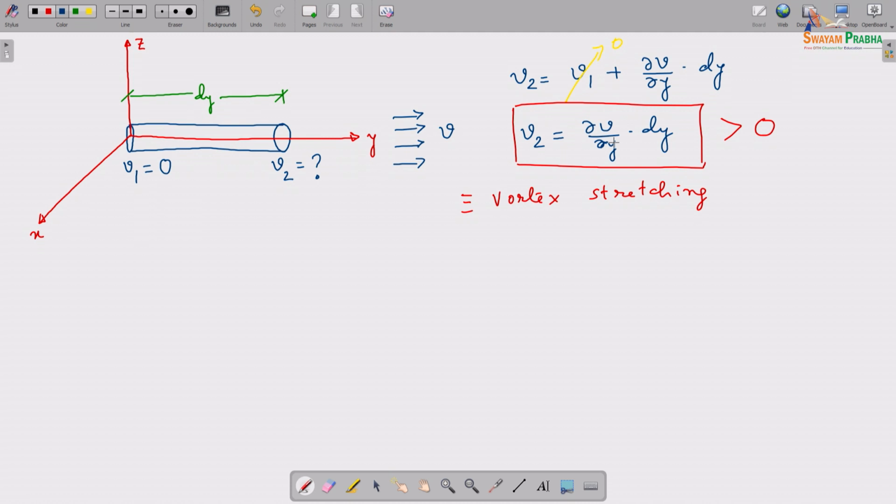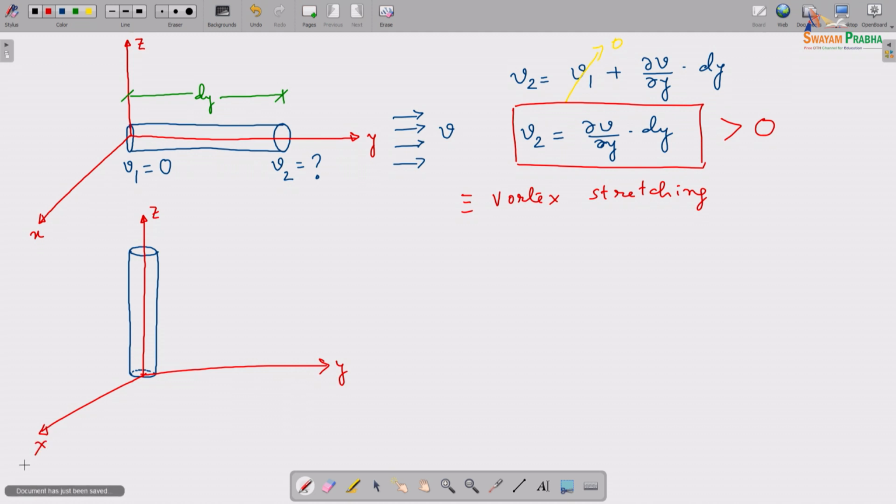All right, let's try another case. Now, let's say I have again a fluid element, in the same axis system that I am talking about.